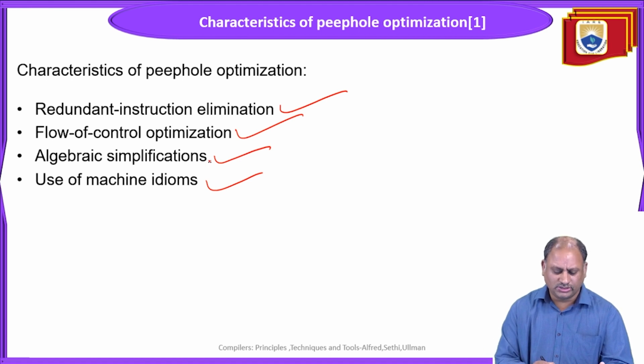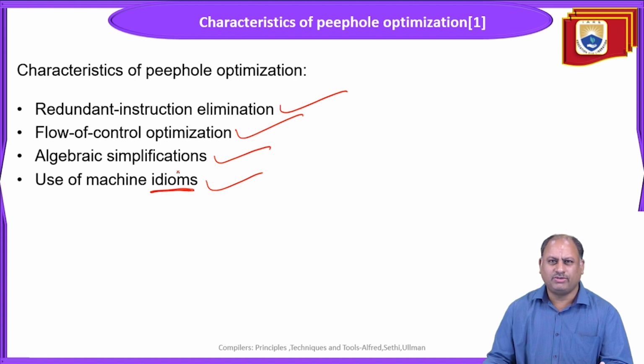Algebraic simplifications, making use of identities such as x plus 0 and x star x. And use of machine idioms, such as auto increment and auto decrement, depending on the hardware-specific instructions and operating system requirements.